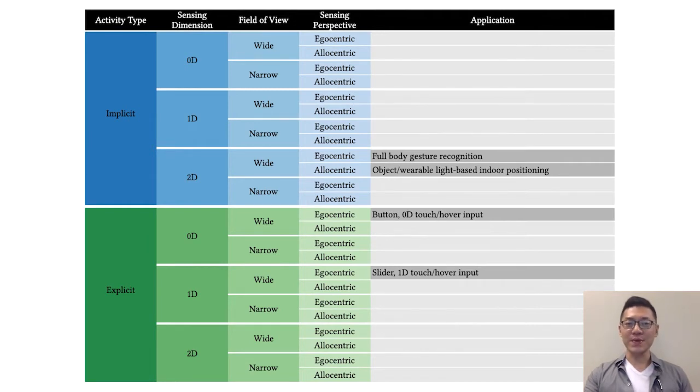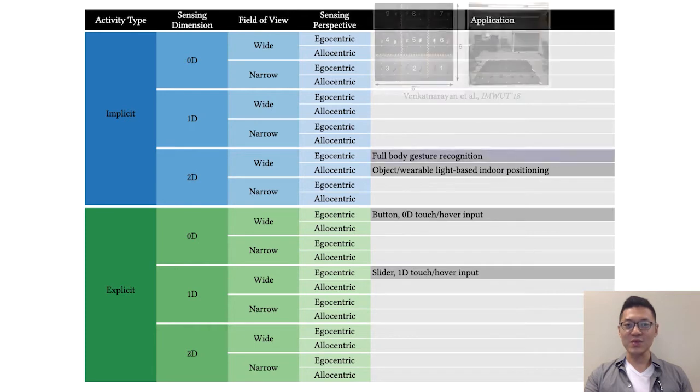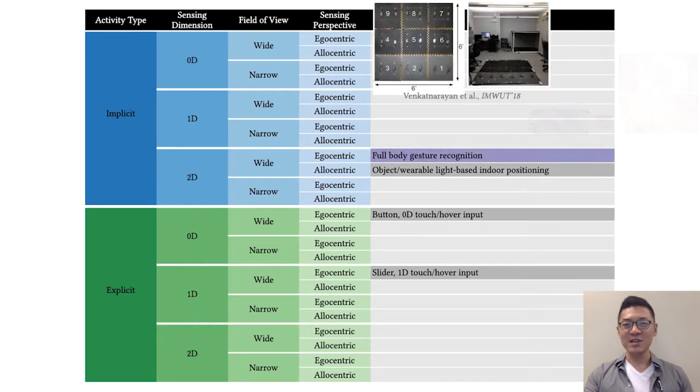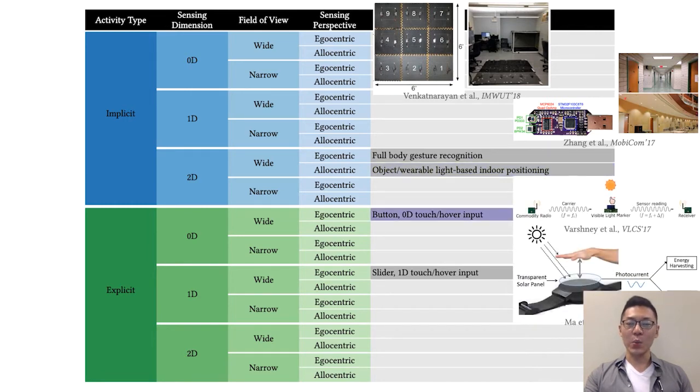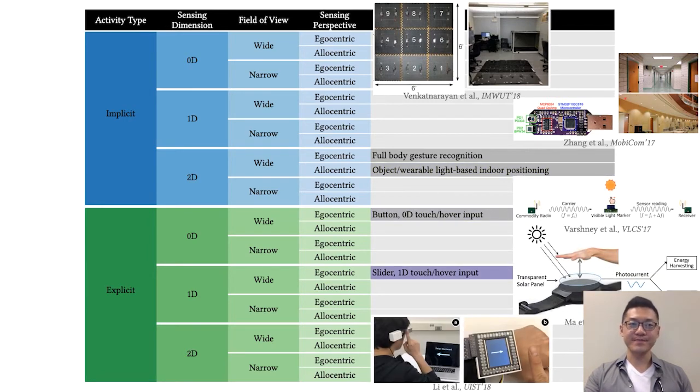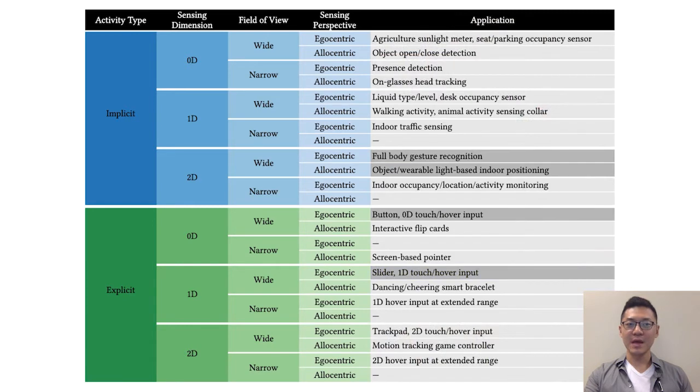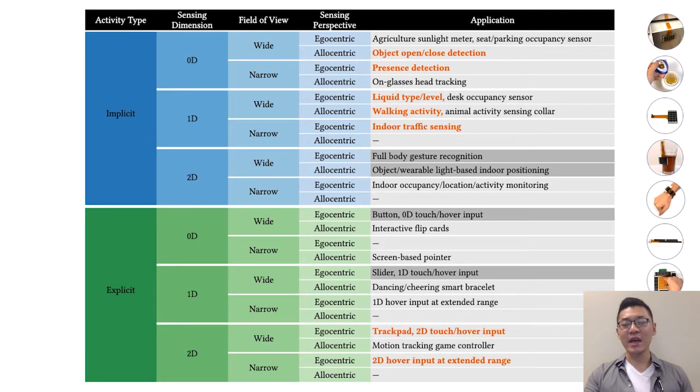We include previous work that leveraged ambient light sensing to support activity recognition, indoor positioning, and gesture input on wearable devices. We show a list of possible applications in the design space, including representatives that we demonstrate and evaluate under different lighting conditions.